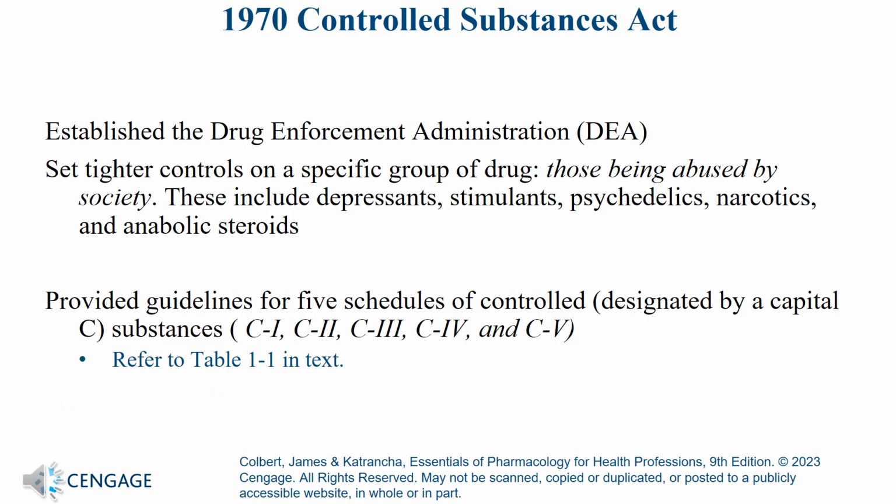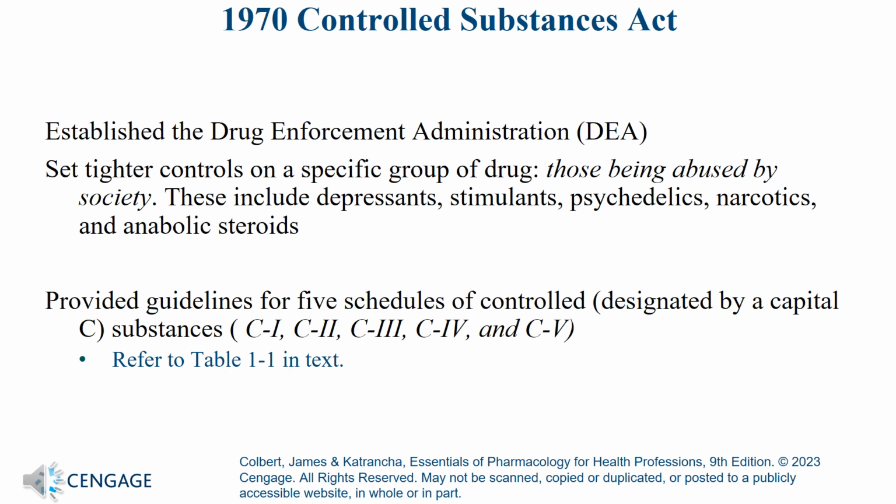So what we are looking at now is the 1970 Controlled Substances Act that was established by the Drug Enforcement Administration, which is the DEA. They were set up to place tighter controls on a specific group of drugs, basically the drugs that were being abused by our society. These drugs include depressants, stimulants, psychedelics, narcotics, and anabolic steroids.